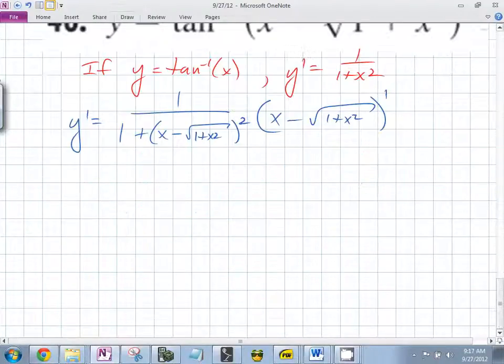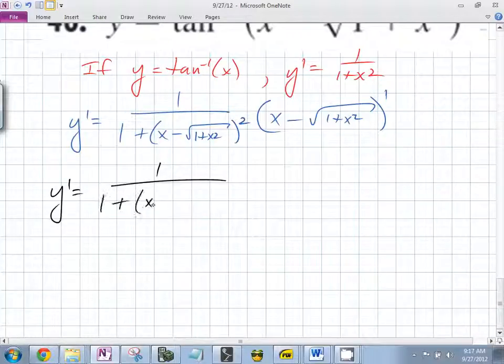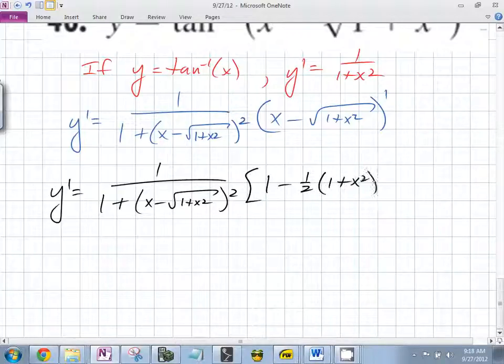So we end up with y prime is equal to 1 over, and you don't need to multiply this bottom one out. This is fine. You can leave it like this. Times 1 minus 1 half 1 plus x squared to the negative 1 half times 2x. Leave it like that. That's fine. There's some basic simplification you can do, but at this point, that's fine right there. That shows me you did the process correctly.